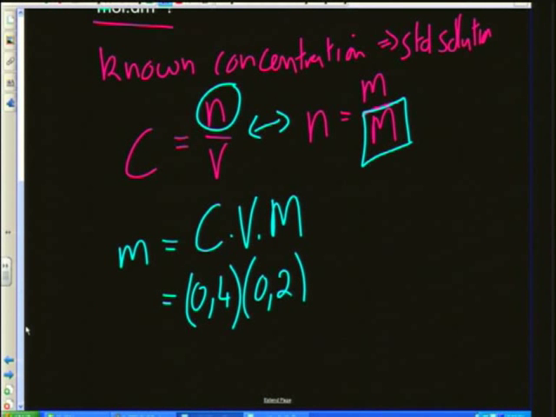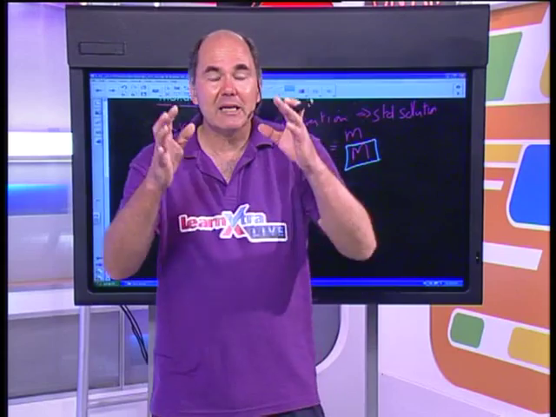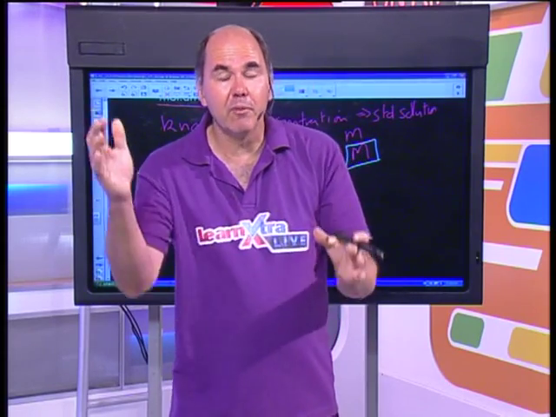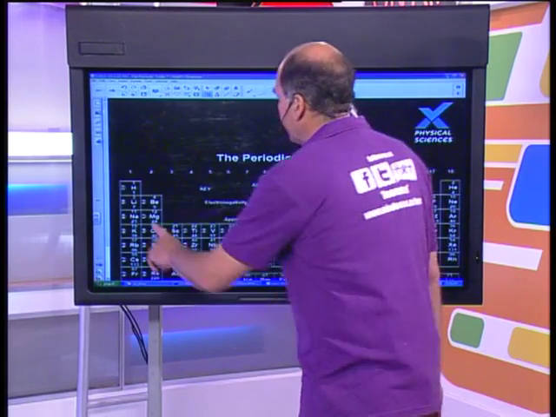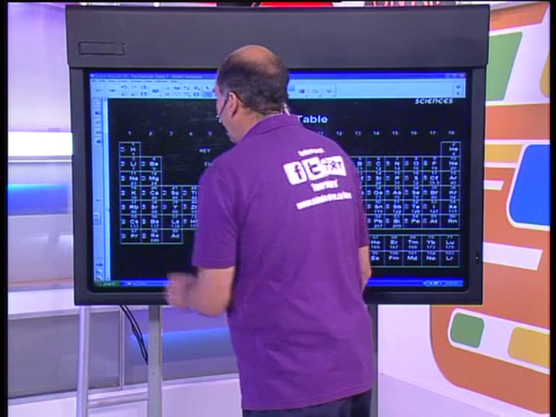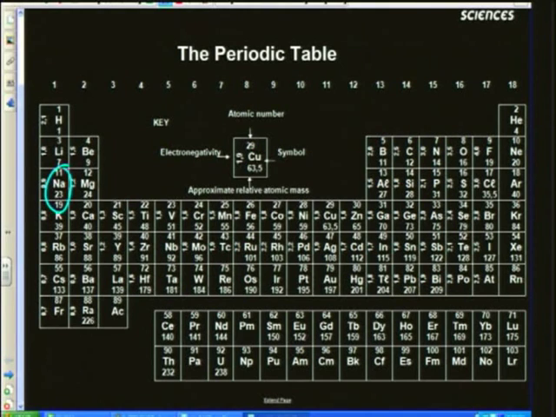Hey, where do I get the molar mass from? Well, guys, you need to remember from your stoichiometry and your section on moles that you look on the periodic table. So if I go to the periodic table here, I'm wanting the molar mass of sodium hydroxide. Sodium is 23, oxygen is 16, and hydrogen is 1.